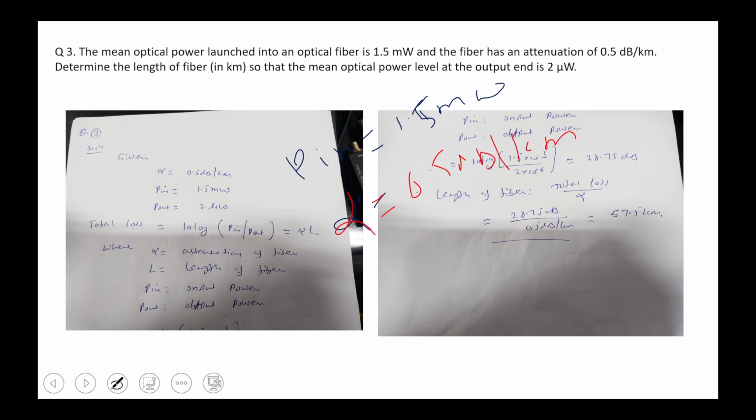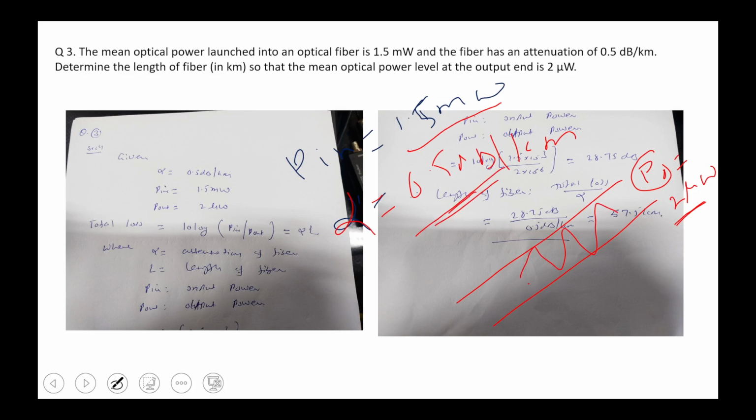Determine the length of the fiber, so that the optical power output, P out, is 2 microwatt. You can see how much loss there is: your output power will be 2 microwatt but the input power is 1.5 milliwatt. That loss is due to the propagation of light through the fiber only, and the attenuation constant of the fiber is 0.5 dB per kilometer.